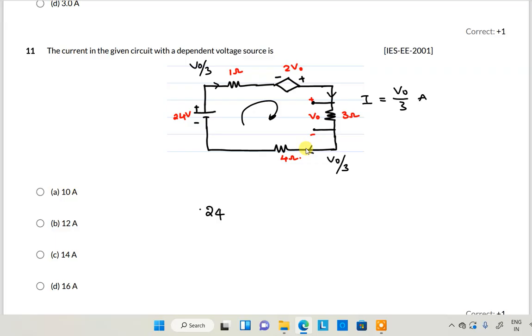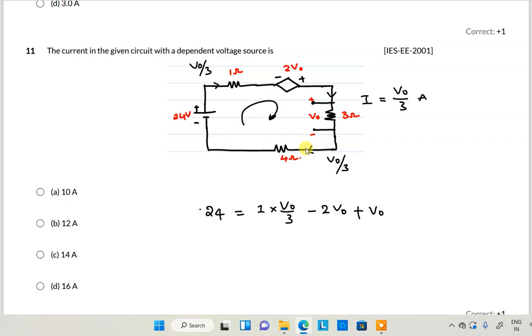24 volt, the supply voltage, is equal to the sum of the IR drops. That means 1 ohm into V0 by 3. Here, negative to positive, that is also a drop, so minus 2 V0. Next, here plus V0.